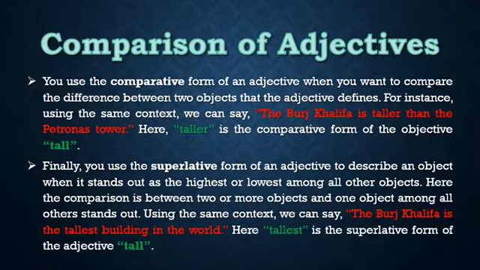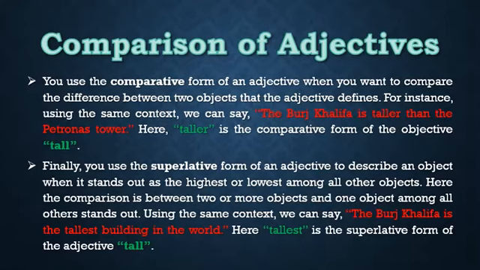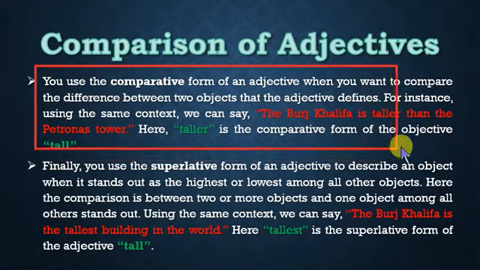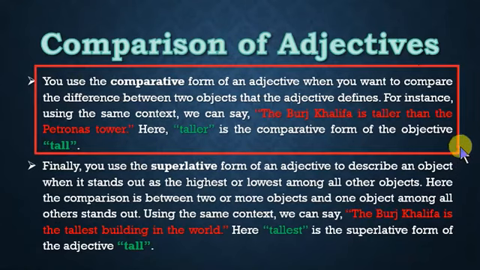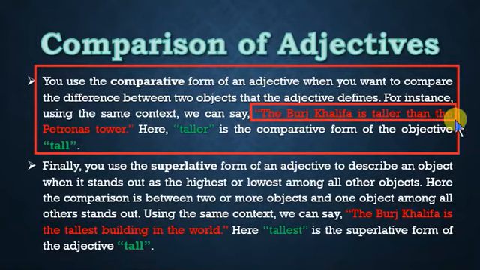Now, after the positive degree, we read about comparative degree. We use the comparative form of an adjective when you want to compare the difference between two objects that the adjective defines. For instance, using the same context, we can say the Burj Khalifa is taller than the Petronas Tower. Here, taller is the comparative form of the adjective tall. Finally, we read about superlative degree.